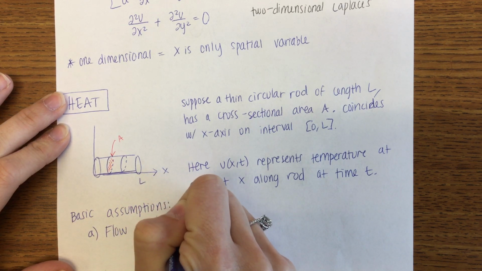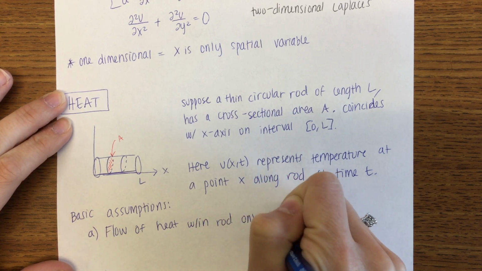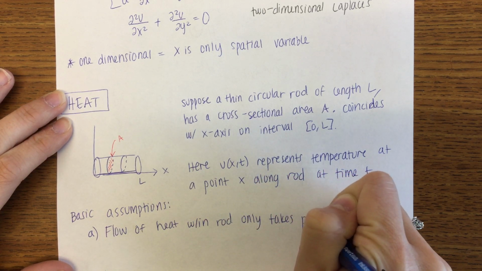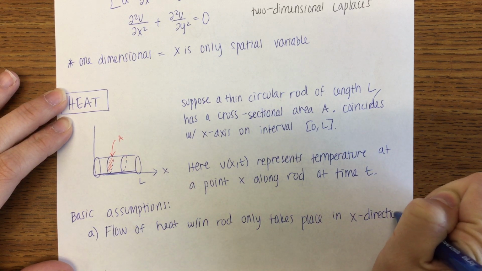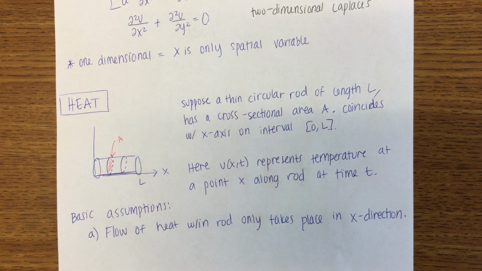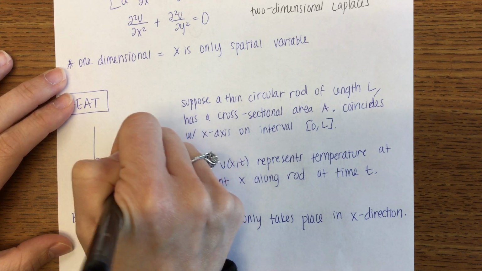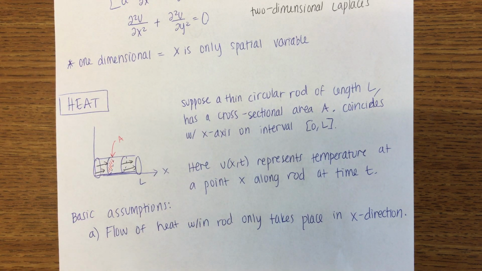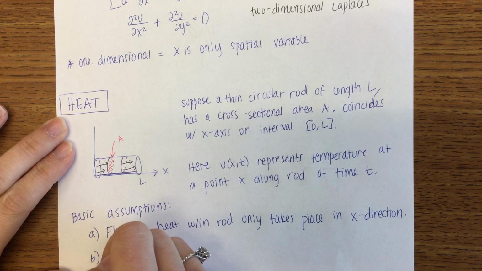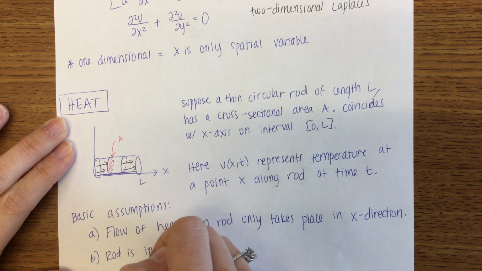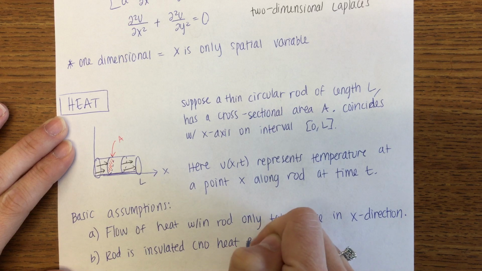So generally the heat is going to be flowing this way, for example, only in the x direction, not in the y direction. Second assumption is that the rod is insulated. In other words, no heat is going to escape.